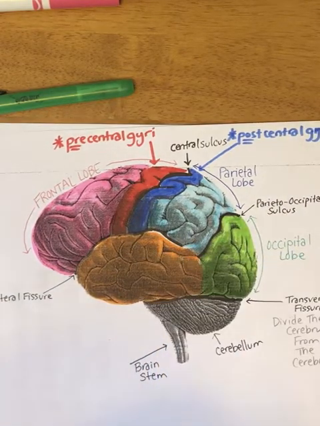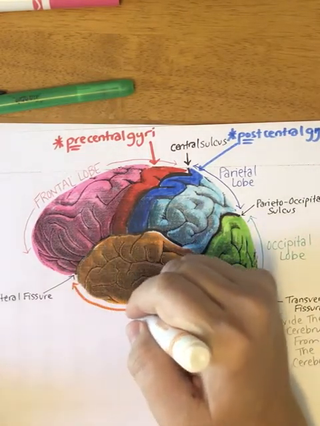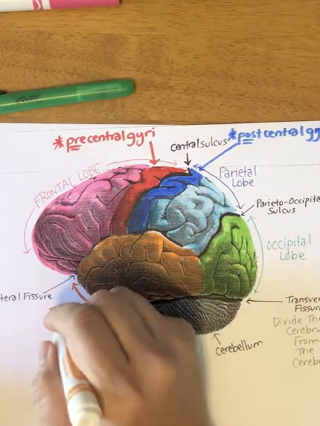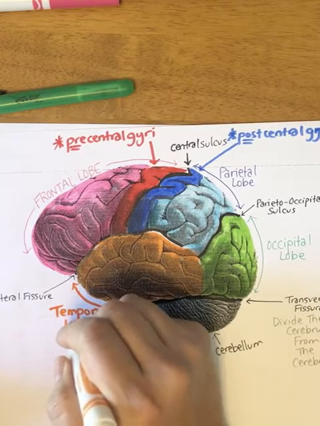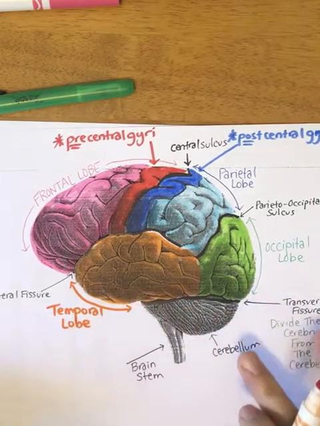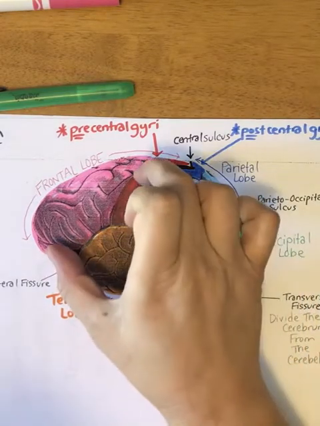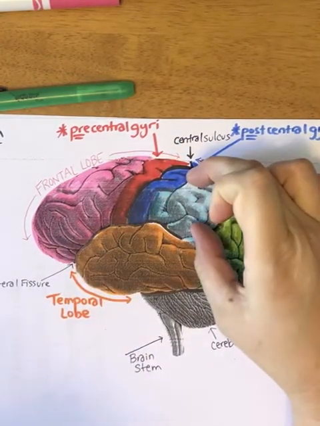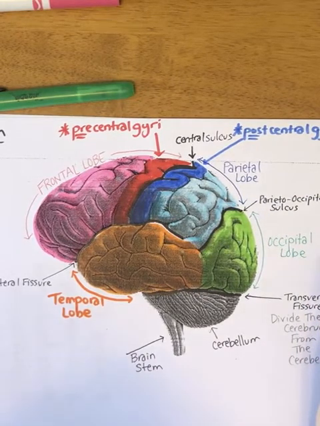So this is your temporal lobe. Now these are different colors because they're going to have different jobs. Now we know motor is red and we know sensory is blue. The occipital lobe and the temporal lobe are going to have different functions.